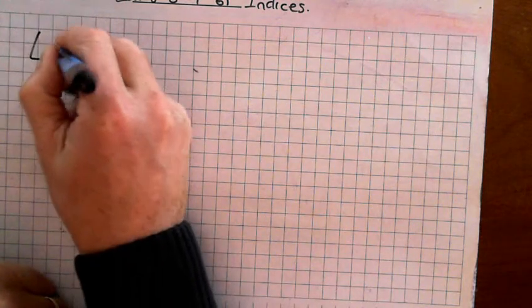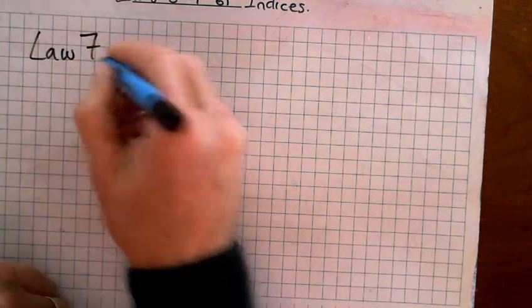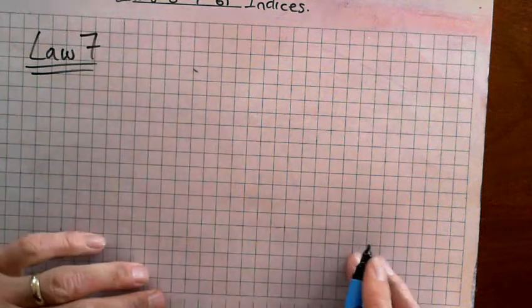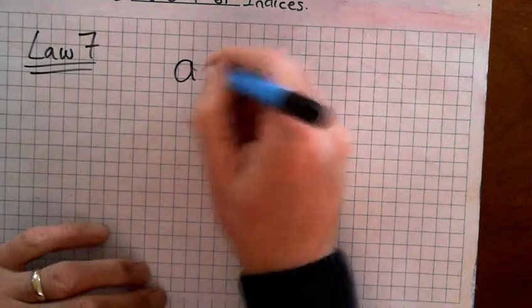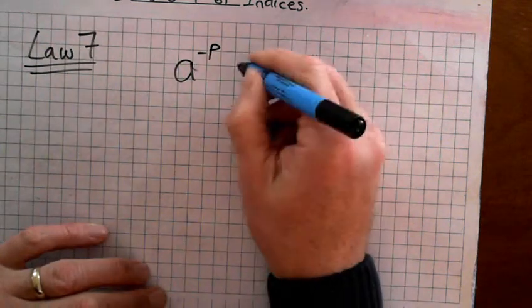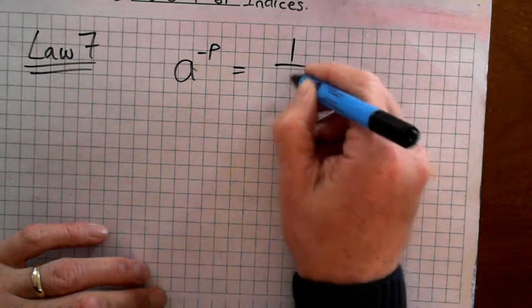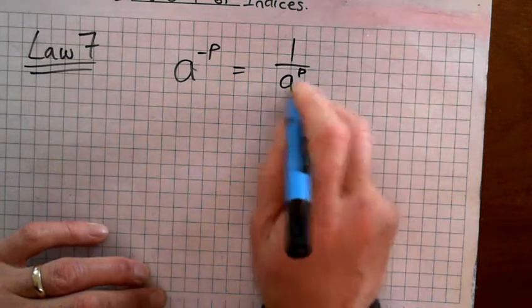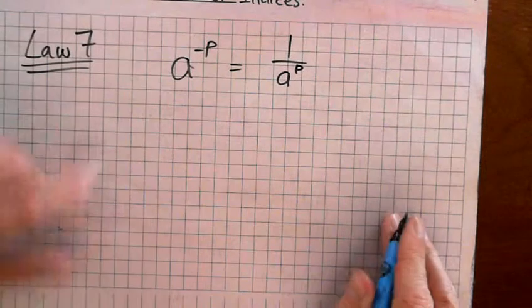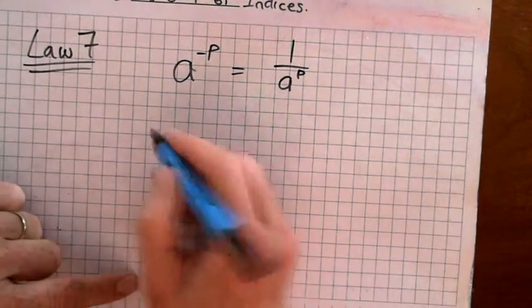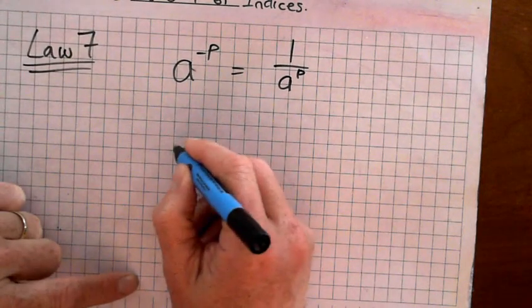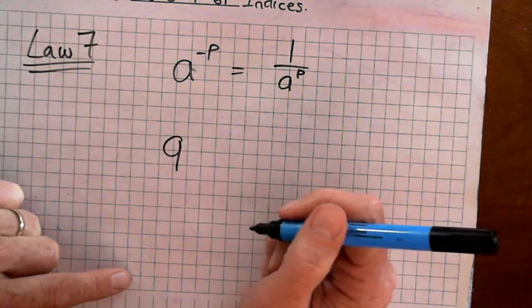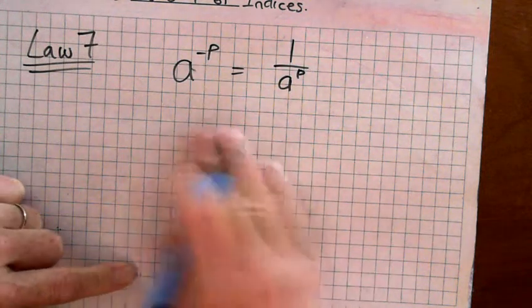Law 7. A to the minus p is equal to 1 over a to the power of p, and I'll explain what that is. Right, watch this one carefully. Keep it simple.